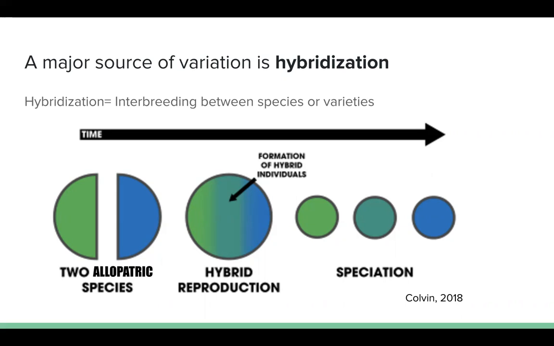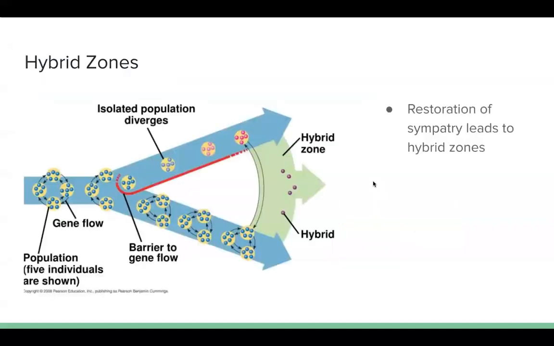Sympatric species are species that are not geographically isolated. When they're no longer geographically isolated, they're allowed to reproduce, and you can get hybrid reproduction and formation of hybrid individuals, seen here on the figure. That can lead to speciation, which we will talk a lot about later on.